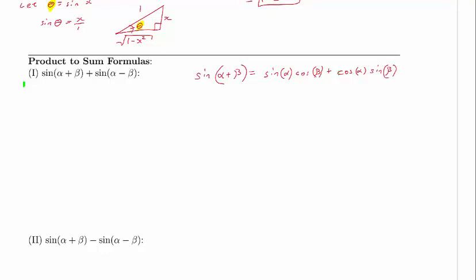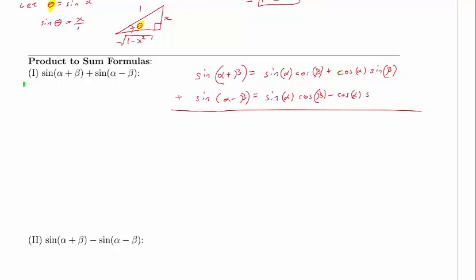And so next we have the sine of the difference between these two angles. And so sine alpha cosine beta starts off the same, and then minus cosine alpha sine beta.